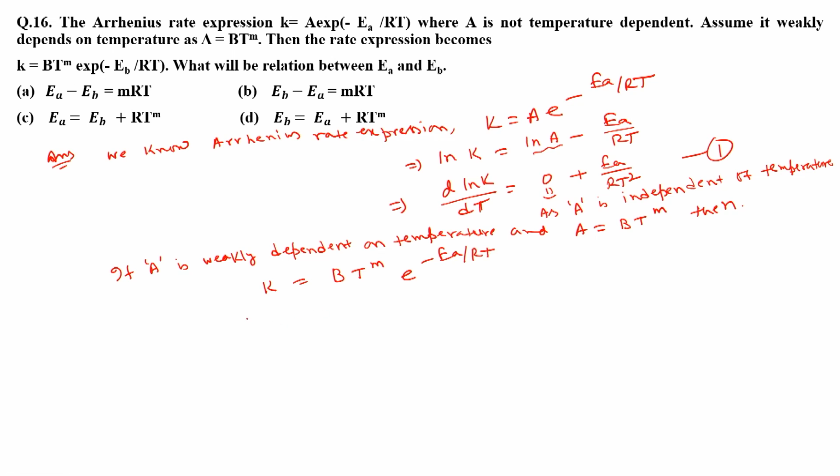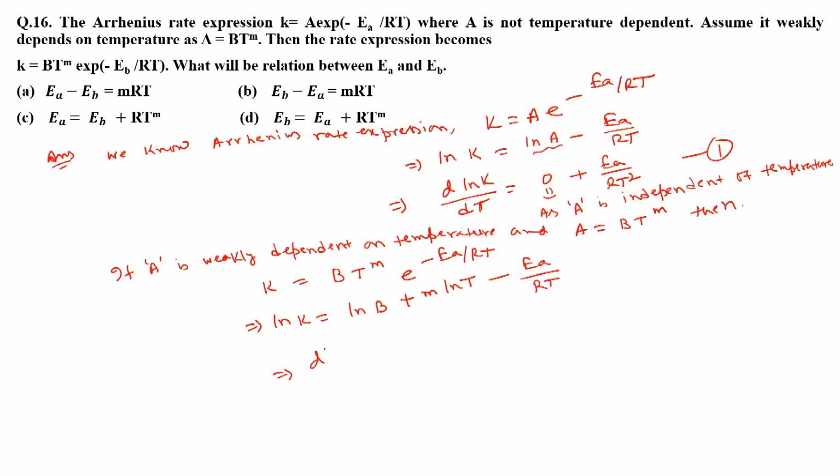Now you can take the log of both sides, so you get ln K is ln B plus M ln T minus Eb by RT.